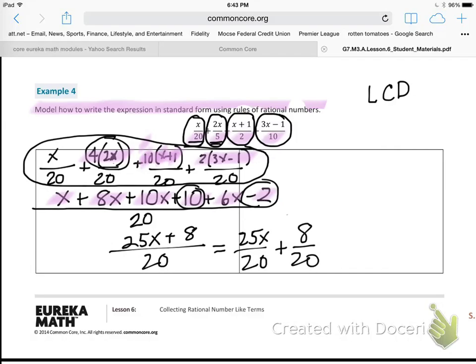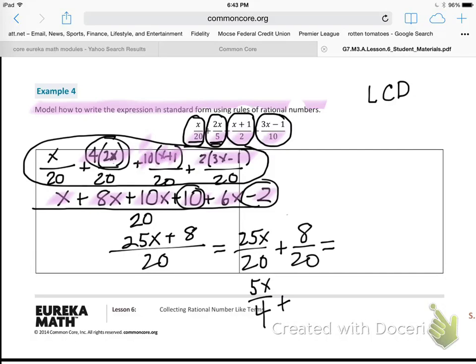Then we can do a common factor and simplify both of these. If I simplified the 25x over 20, that would be 5x over 4.